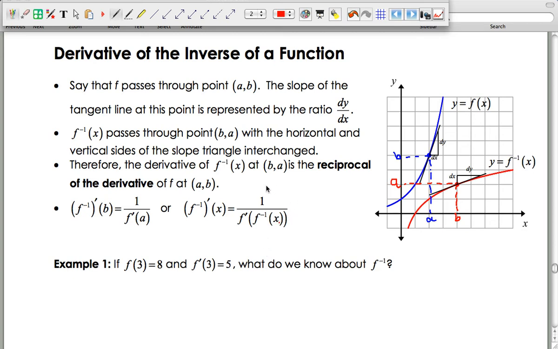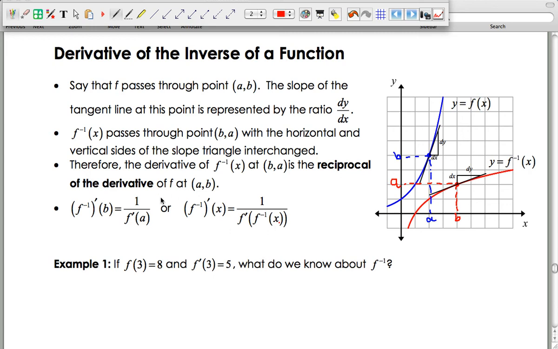And remember this because we're going to be applying it all the time. We will be able to find the derivative of the inverse function just by finding the reciprocal of the derivative of the main function, but assessed at the inverse function at x.